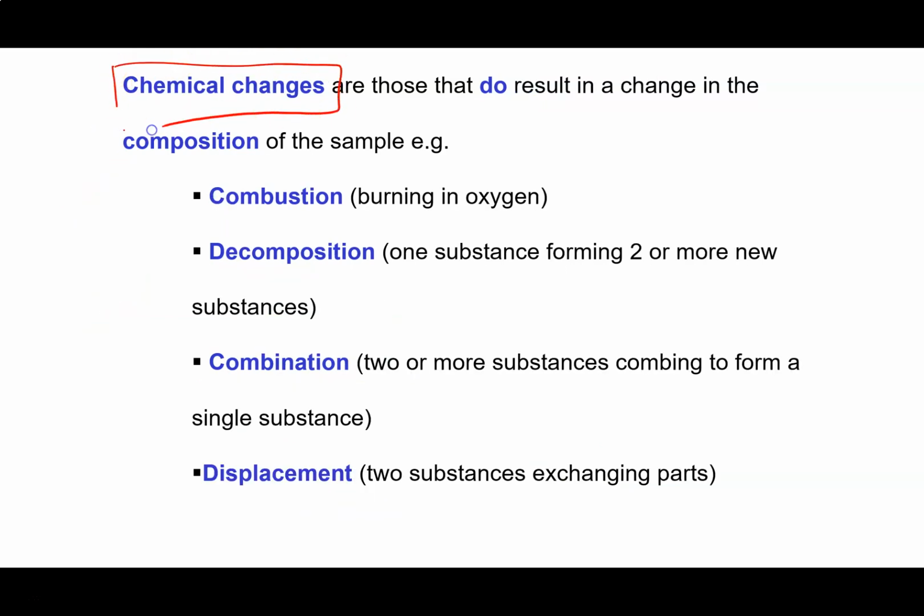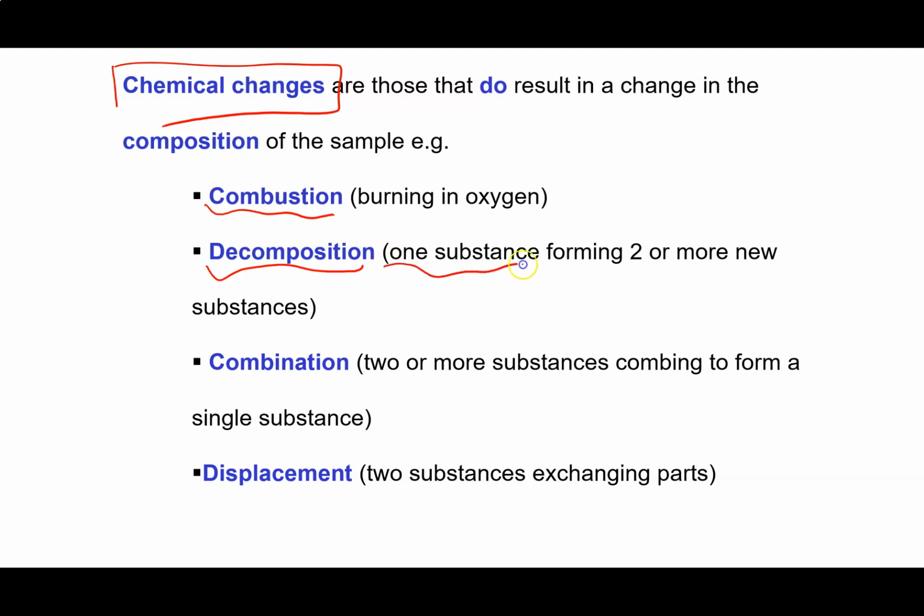Chemical changes are those changes that do result in a change in the composition of our sample. That is, that we are going to make or break, perhaps both of those things, some chemical bonds. And good examples of chemical changes would be burning something, what we call combustion. When chemical bonds in a substance break, we call this process decomposition.